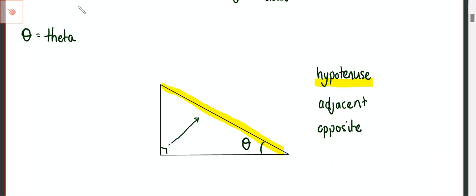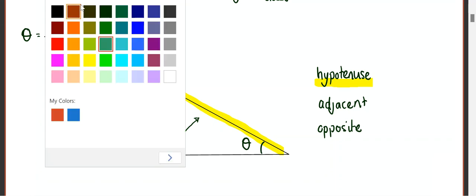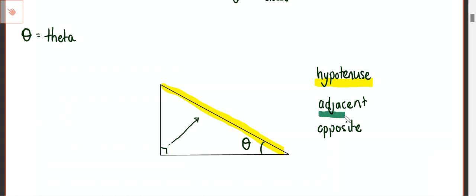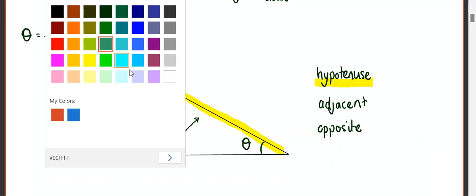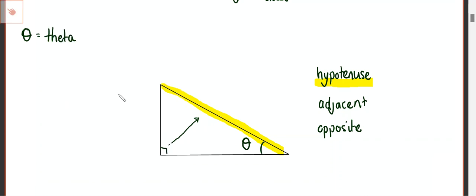Any ideas which sides are the opposite and which one's the adjacent? The hypotenuse is this side. The adjacent side is the one that is next to the angle.